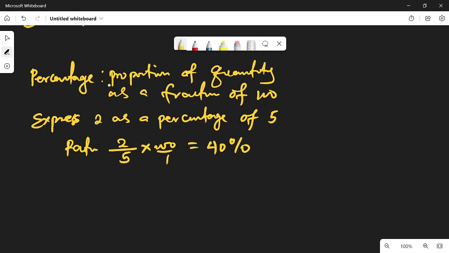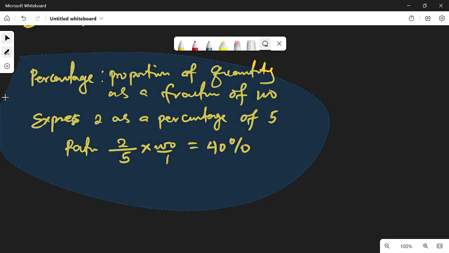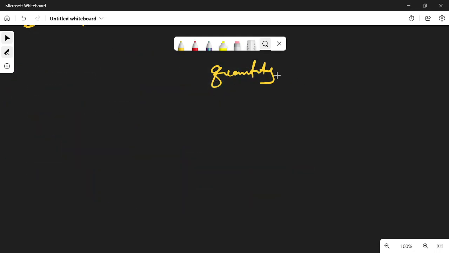So ratio and proportion deals with the sharing of items. So when you are sharing items, we use this particular aspect of mathematics to carry out such an operation. So let's look at JAMB questions on it.